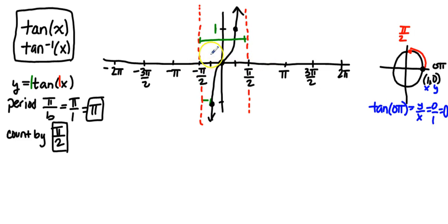Pi over 2 plus pi over 2 is 2 pi over 2. And the reason we know that this is the period is because if I go another distance of pi, which would send me to 3 pi over 2, the graph repeats.